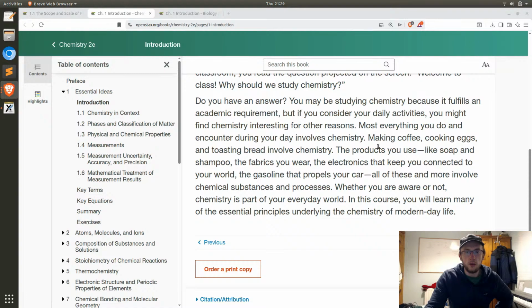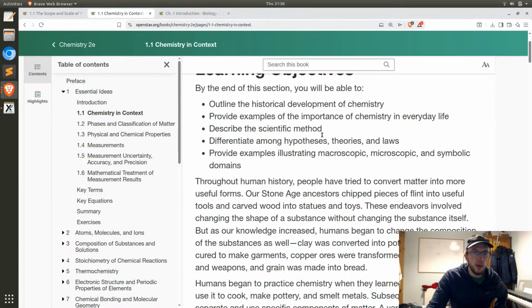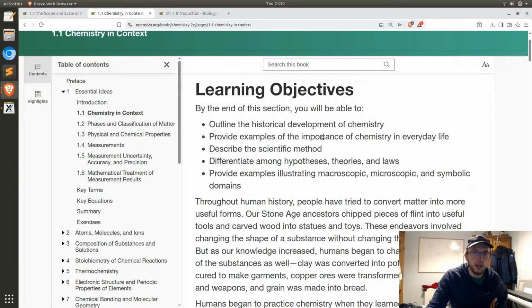The products you use, like soap and shampoo, the fabrics you wear, the electronics that keep you connected to the world, your world, the gasoline that propels your car, all these and more involve chemical substances and processes. Whether you are aware or not, chemistry is part of your everyday world. Oh boy, can't wait to see. Chemistry in context.